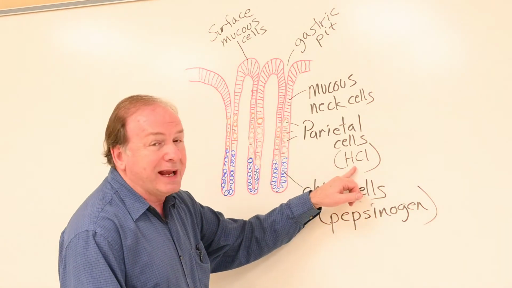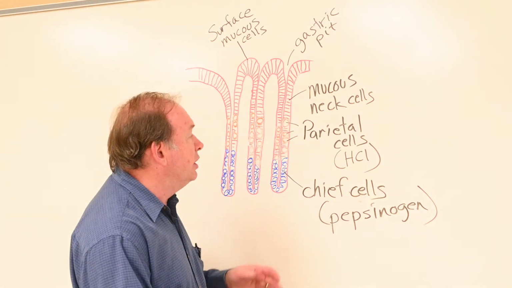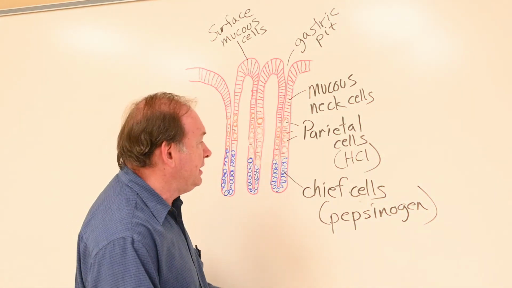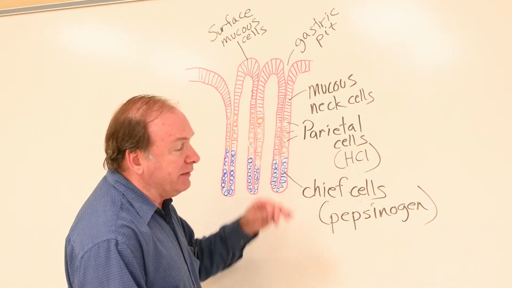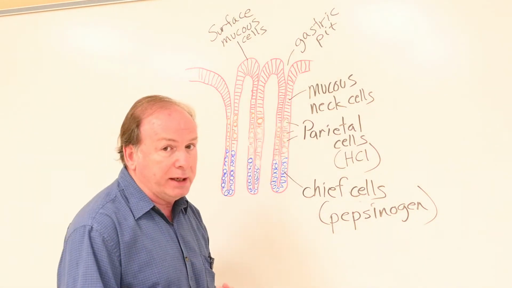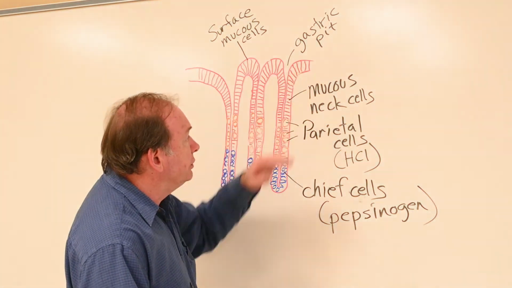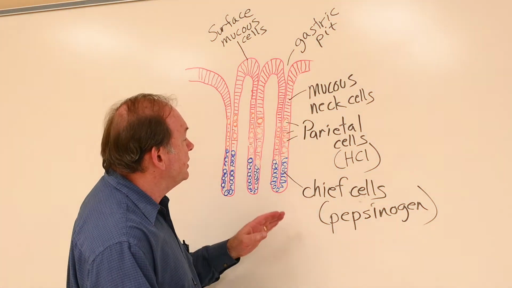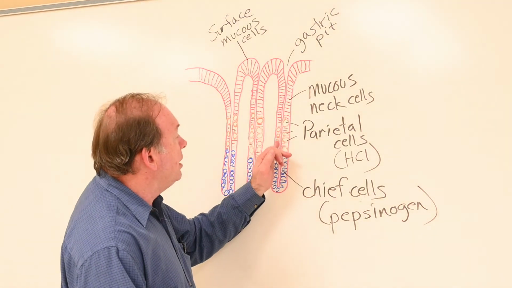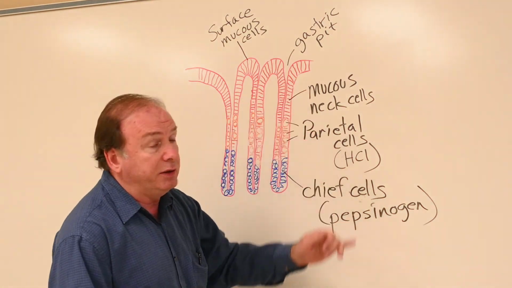The hydrochloric acid activates the pepsinogen, changing it into the active enzyme pepsin. We don't want an active enzyme digesting our tissues, so it's important that we have a mucus lining protecting our stomach wall. And so we have all these mucous neck cells and surface mucus cells at the top. So the inactive enzyme becomes activated as it moves up through the tube and is released into the stomach.